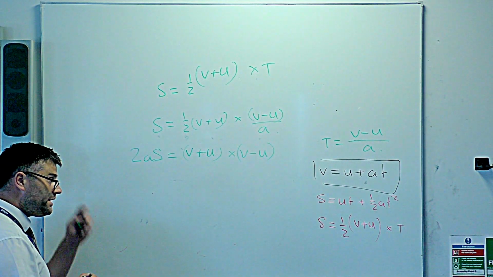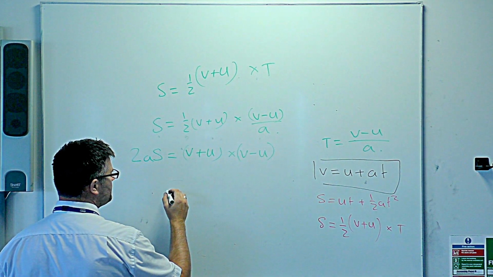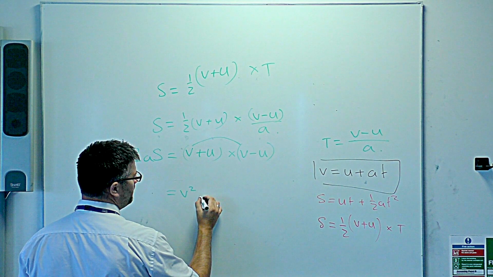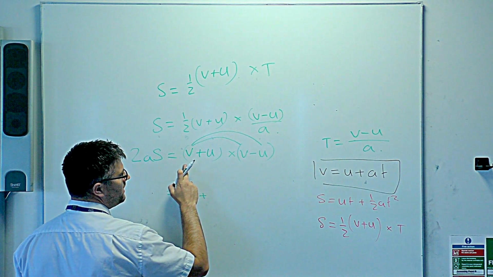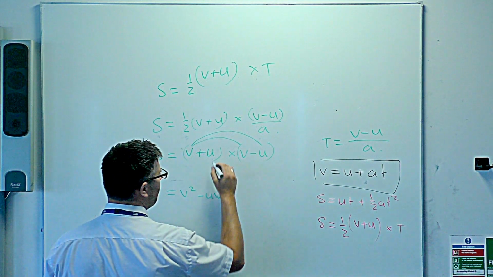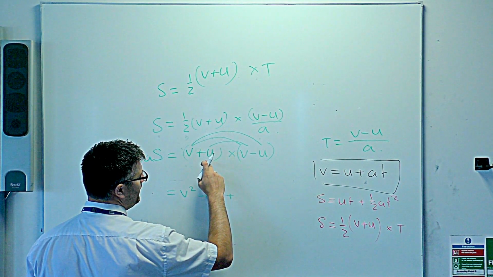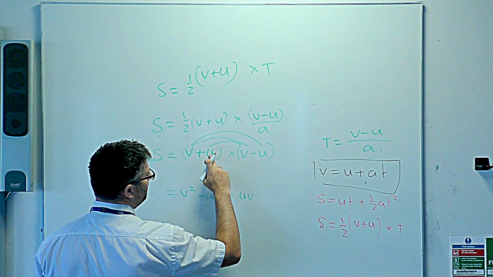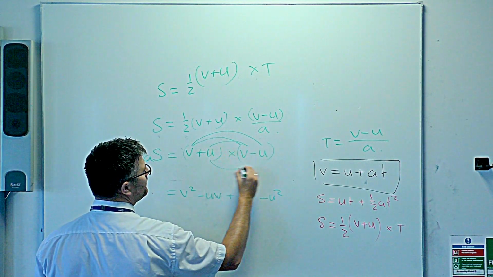So what we do now is we need to do some multiplying out. So we start with this one, so we've got v squared plus, times a minus is uv, so minus uv, plus, so u times v, so that's plus uv, and then we've got minus u squared, u times u.